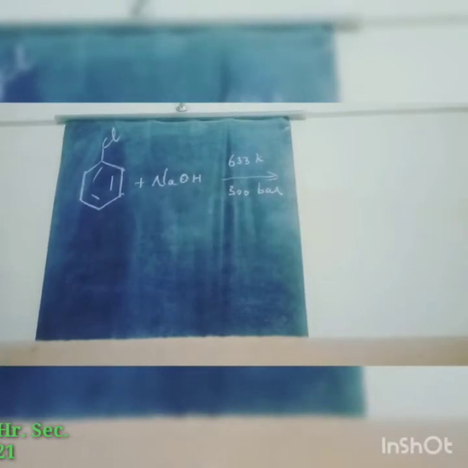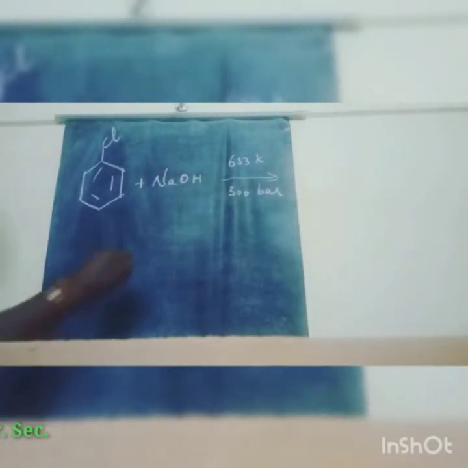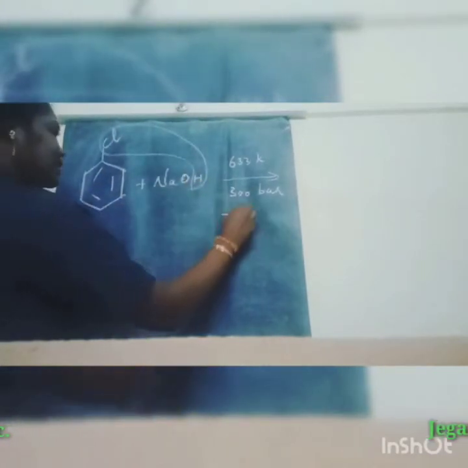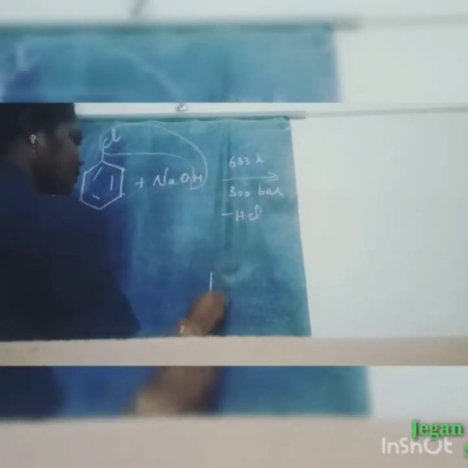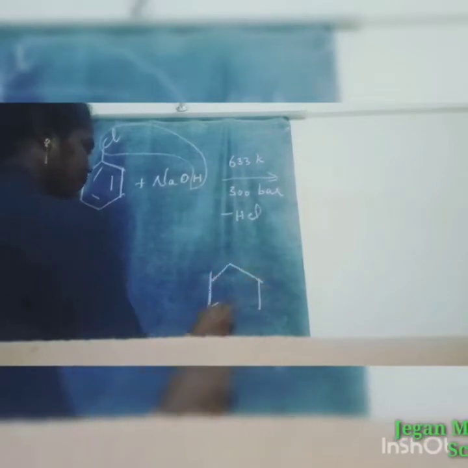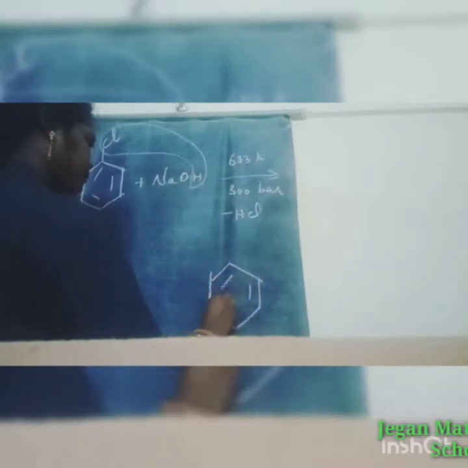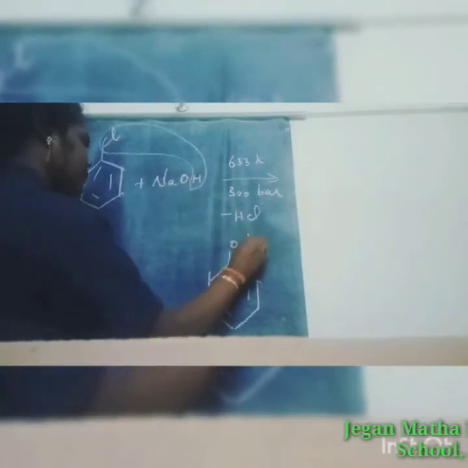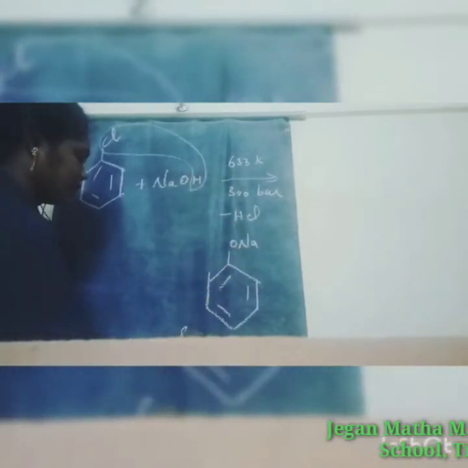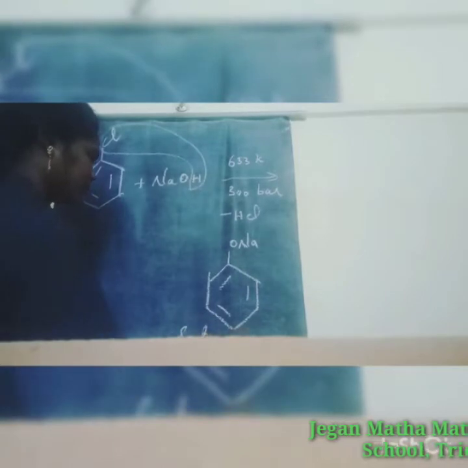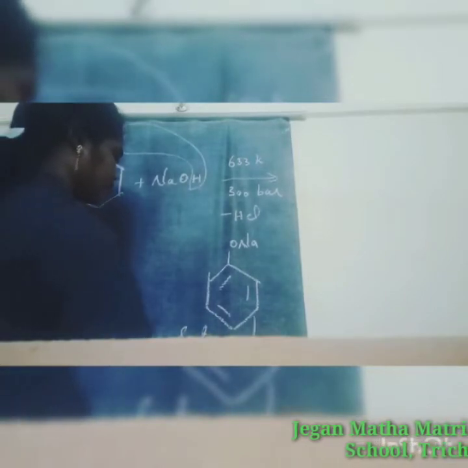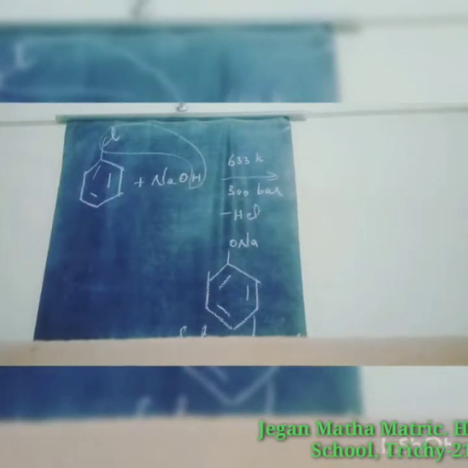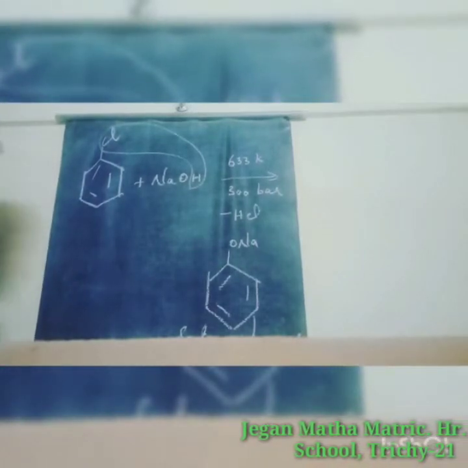So how is sodium phenoxide formed here? Removal of HCl, so minus HCl. What is remaining? The benzene structure and ONa. So this represents sodium phenoxide. And next, it is reacted with HCl.